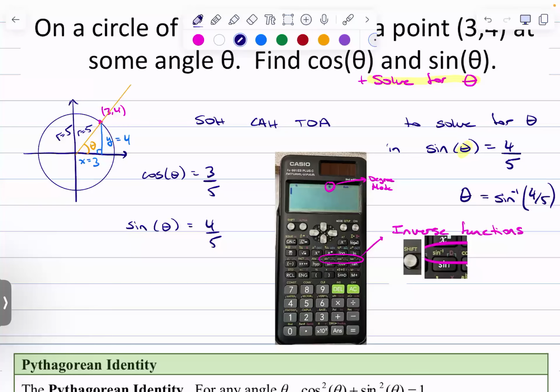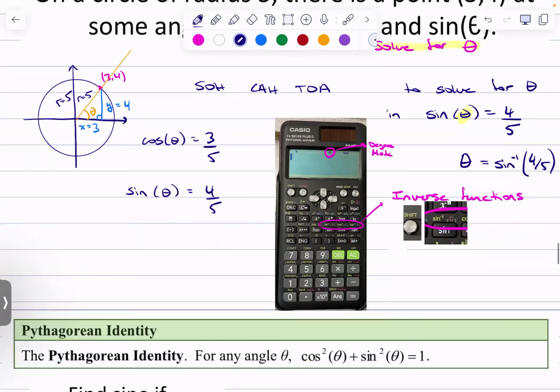So just move it to the other side. Use it as a function. If you use your calculator and use your inverse sine, it should show up as sine to the -1 of, and then we put in 4 divided by 5. I get a theta of roughly 53.13 degrees because I'm in degree mode.